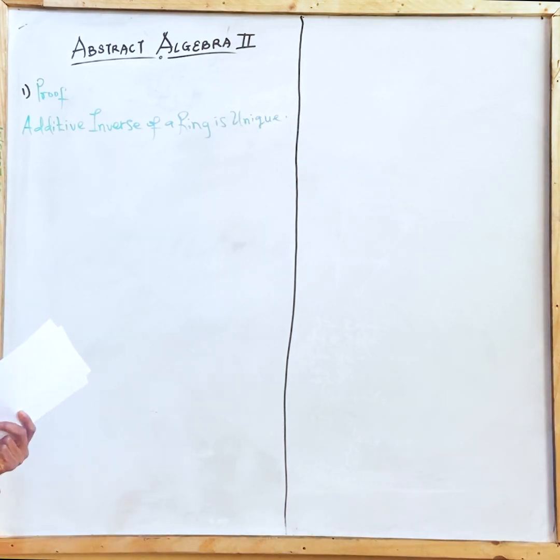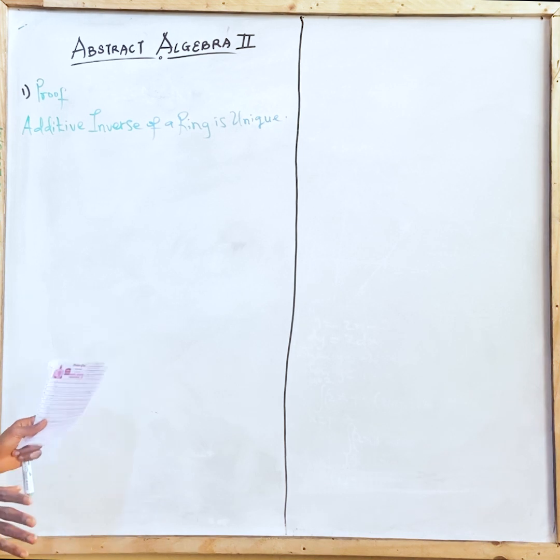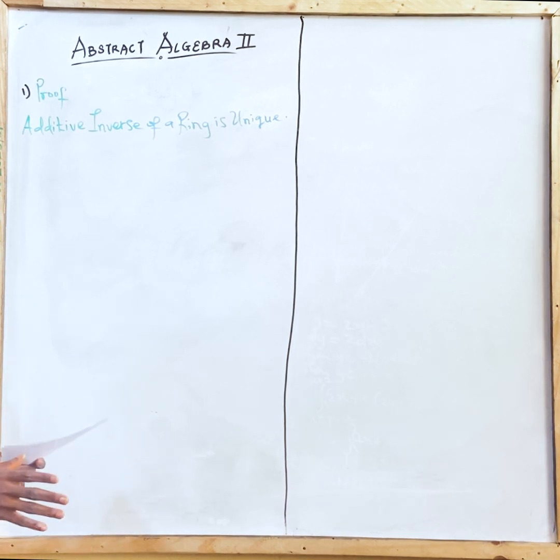So remember, from definition of a ring, the first thing you have to do is to define closure property for both addition and multiplication, associativity, addition and multiplication, commutativity just for addition, existence of zero element, distributive property.